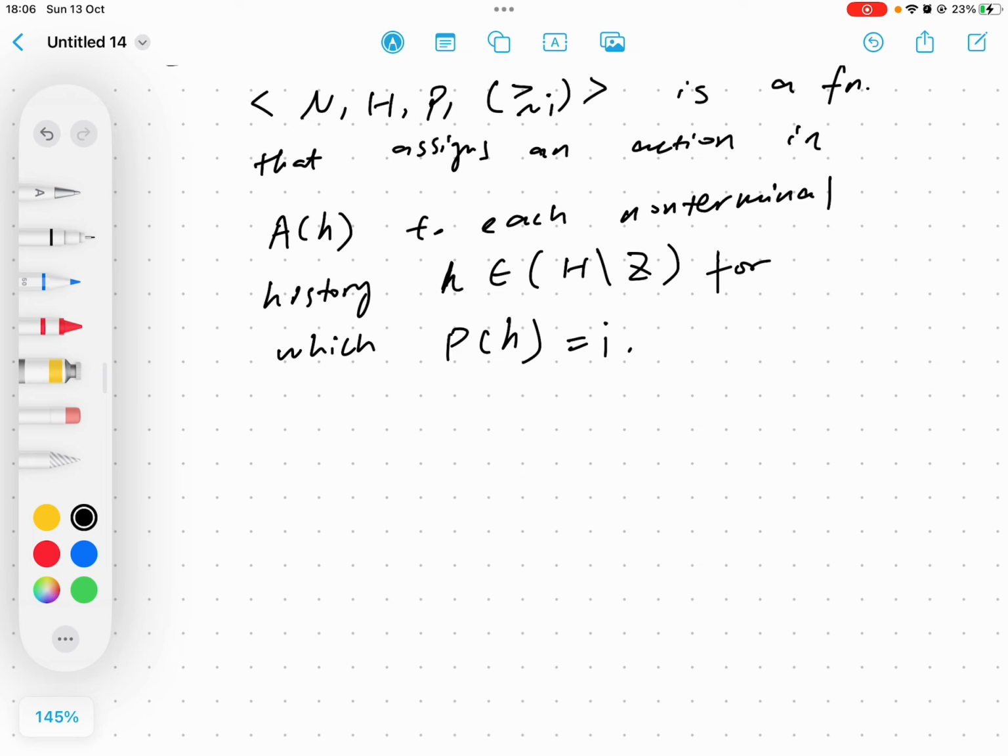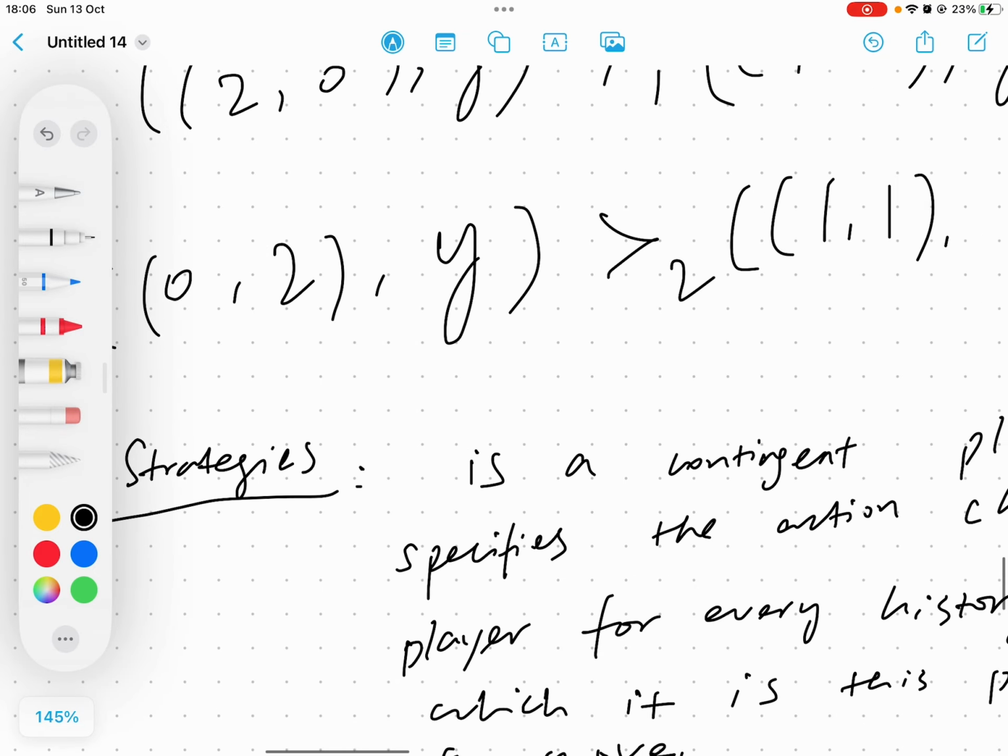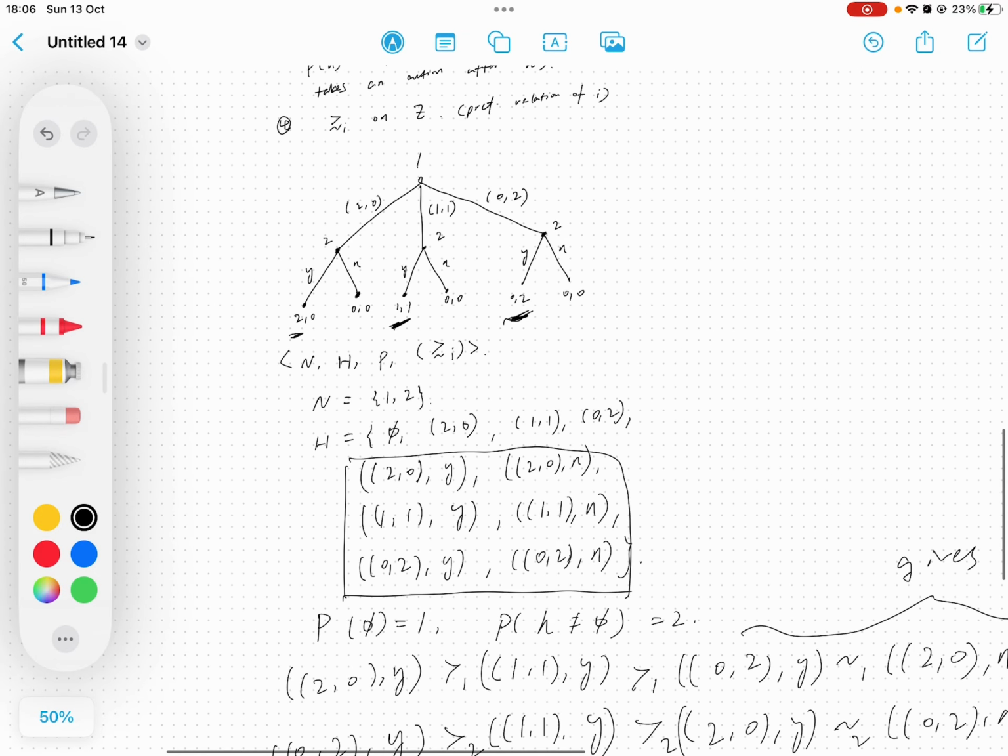Okay, so for example, in the previous example, right? Player one takes an action after their initial history, the empty set, so that we could identify each of the strategies with one of the three possible actions that player one could take after the history. So the strategy could be 2-0, 1-1, and 0-2, right? So player two takes an action, let's see the picture here, after each of those three histories from player one, right?